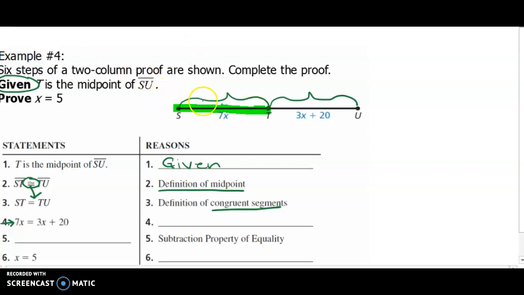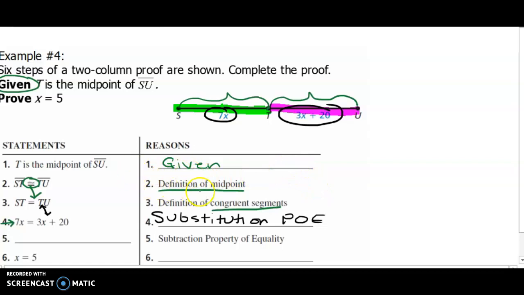And guys, you can see this segment is equal to 7x. So what we did is we substituted in for 7x. And TU is right here. And we substituted 3x plus 20 in for this TU. Okay, so that would be the substitution property of equality.